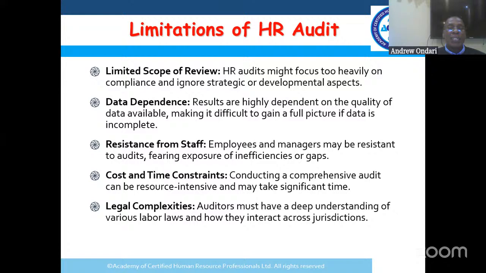One of the limitations is the limited scope of review. As I had mentioned earlier on, there are various types of HR audits, one of which is strategic audit, another one is functional audit, which is performance audit, another one is compliance audit, among others.